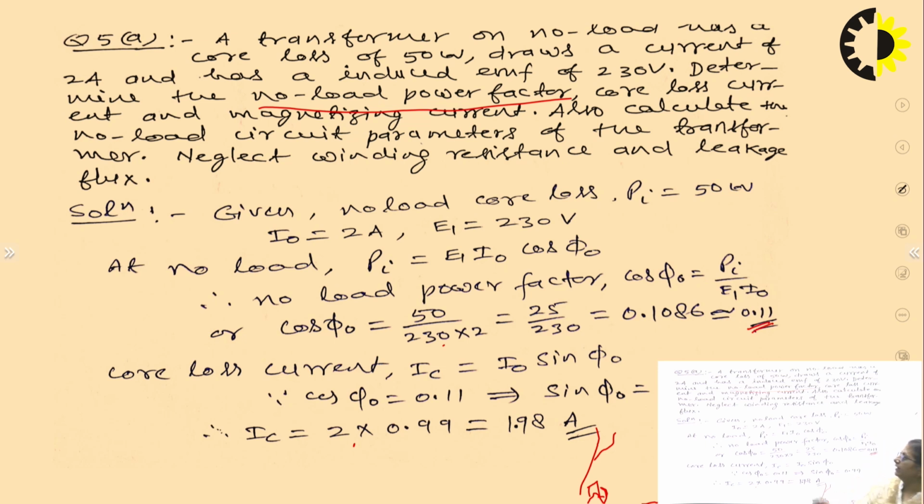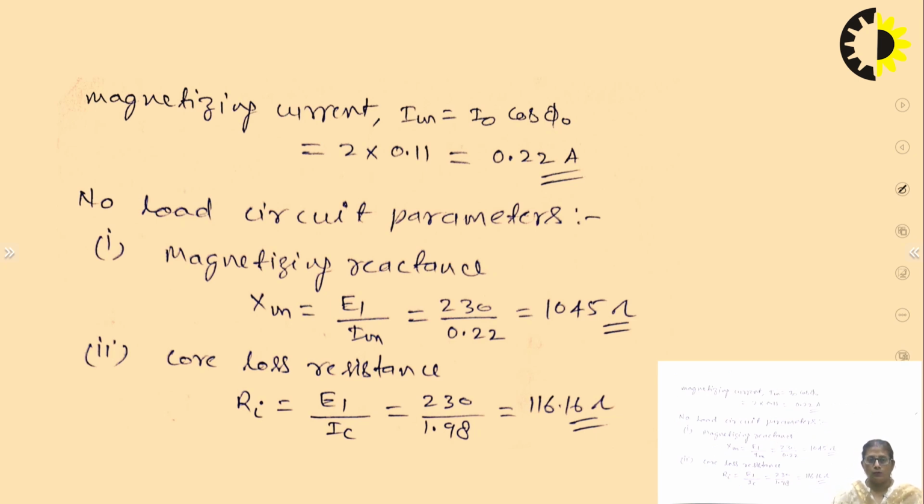Then the core loss current IC, which we have found as 1.98. Then the magnetizing current IM, which is responsible for the production of flux, which we have found as 0.22.